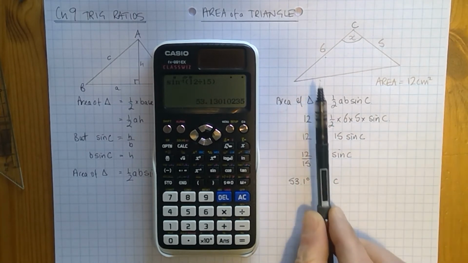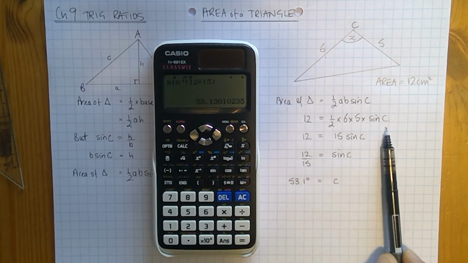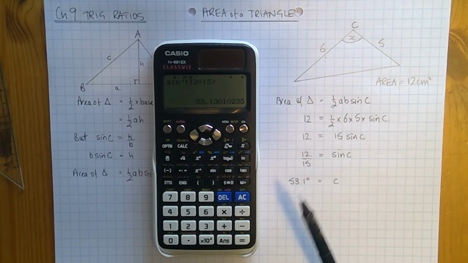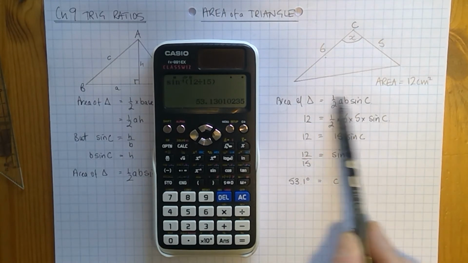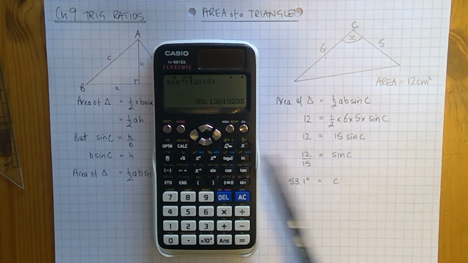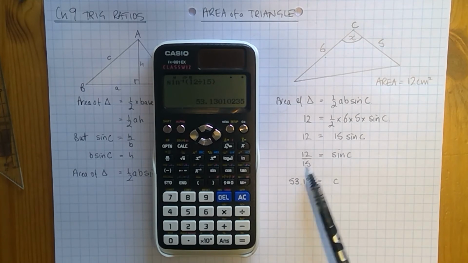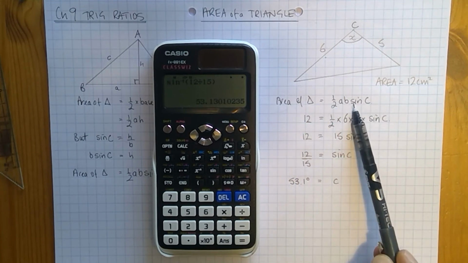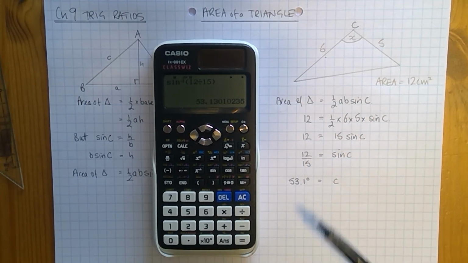So setting like this, equal signs in a column, start off with the formula, substitute our values in, and then do some rearranging. Like I've said before in previous sections, some students like to rearrange the formula first and then put the values in. Absolutely fine. Either way around. Either start off with the formula, put the values in and rearrange, or start off with the formula, rearrange to get the bit we're trying to find, in this case sine C, and then put our values in. You'll get the same answer.